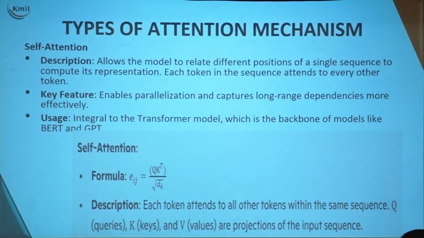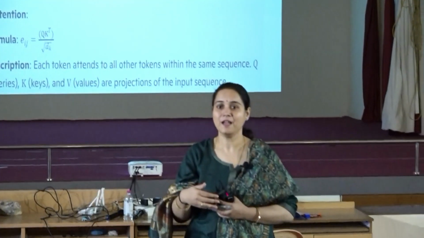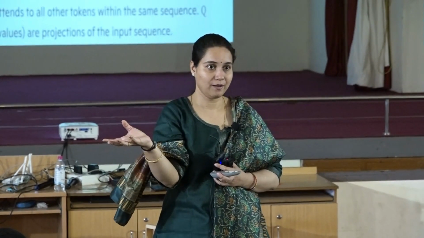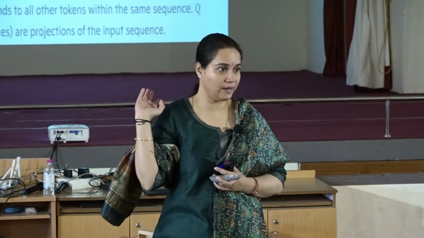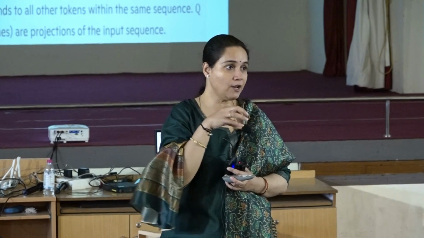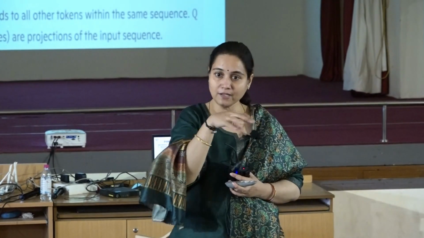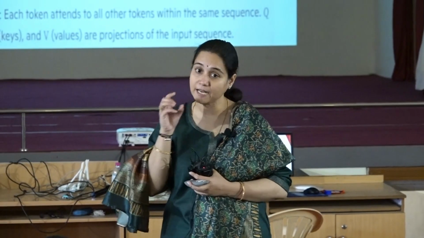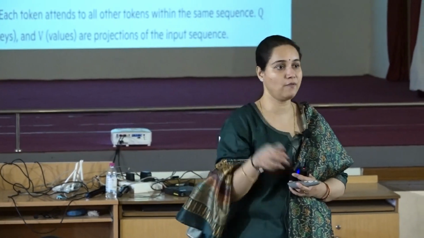Each token in the sequence will relate to all the other tokens in the same sequence. Here you are not doing anything relevant to encoder and decoder separately, as you have been seeing in the dot product. Here you will correlate amongst individual words in the sequence of your input only. That's why the name is self-attention.